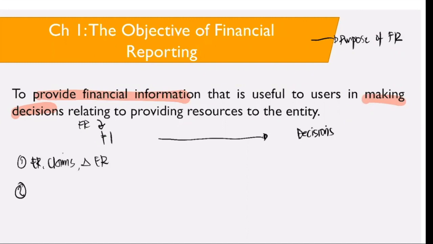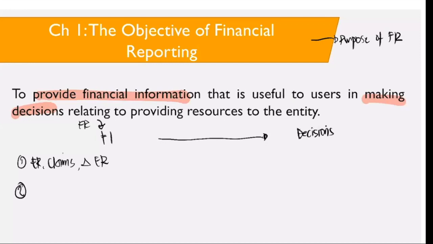We already expounded what an economic resource is. An economic resource is an asset. Claims on the economic resource can either be a liability or equity, and we have the change in the economic resource.